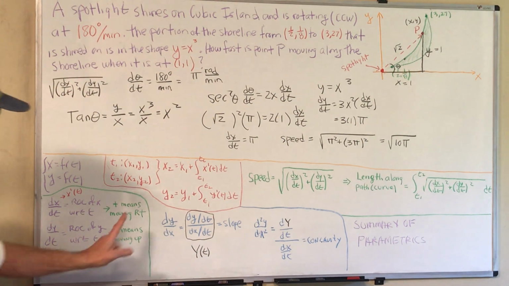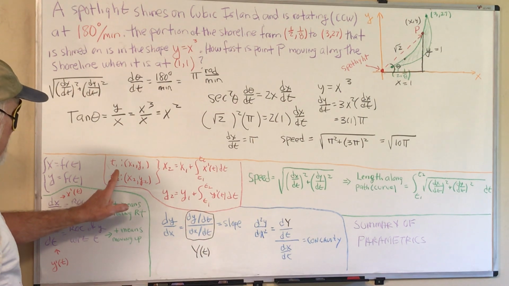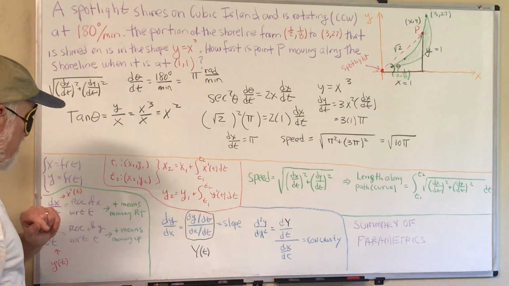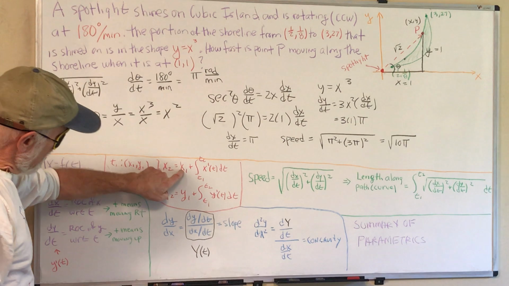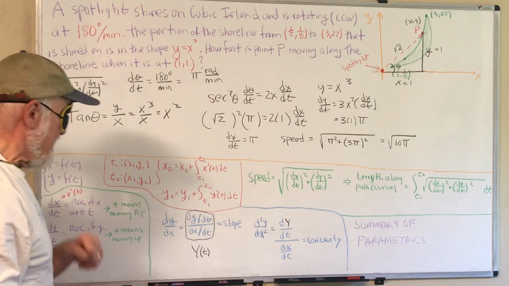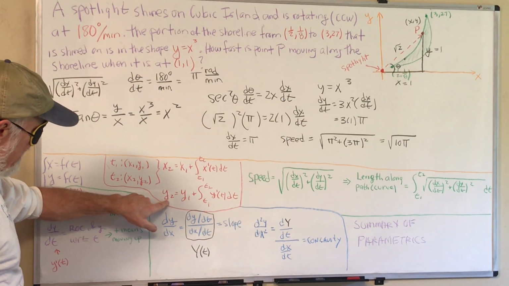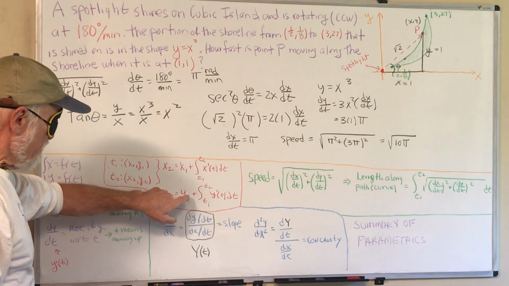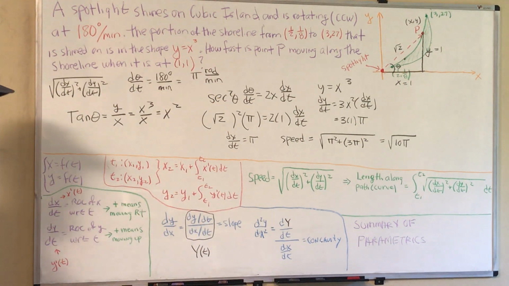And we know other things, that if you want to go from t1 at some position to t2 at another position, you can just take the original position in x plus the rate of change of x times the time. We did this on a problem just earlier. And the same thing with your y value. You can find the new y value from the old y value plus the change in the y value.